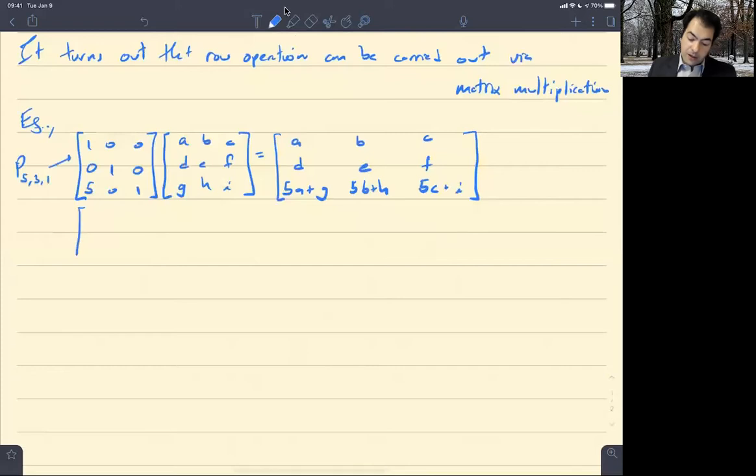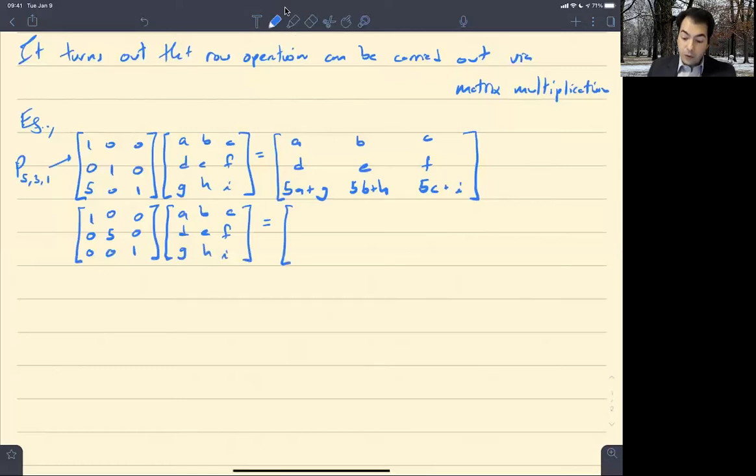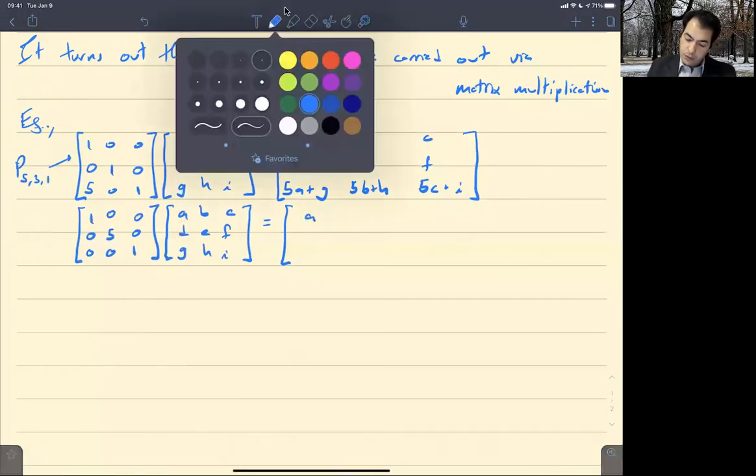Right. Our second row operation was to multiply a given row by some non-zero scalar. So let's consider this matrix. You'll notice that this matrix is obtained from the identity matrix by multiplying the second row by 5. And if we do this product, to find the first element, I do this row times this column.